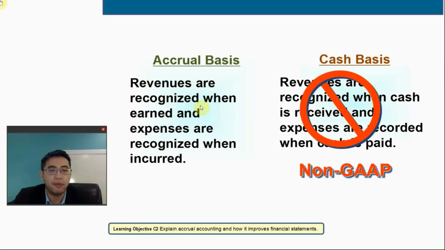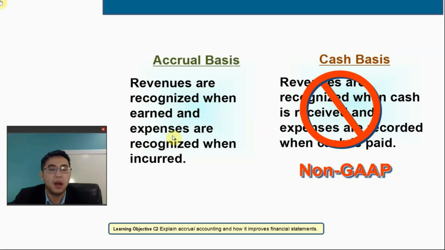We put a number for revenue in our general ledger and a journal entry whenever the revenue is recognized. If you have delivered your products or services, then on that particular day, you should put a number for revenue. Likewise, if you have a purchase of supplies, equipment, or land, if you have already made the purchase, then the expense should be recognized.